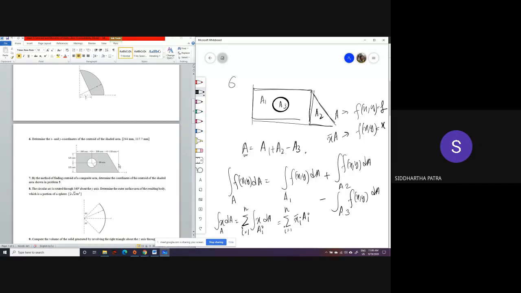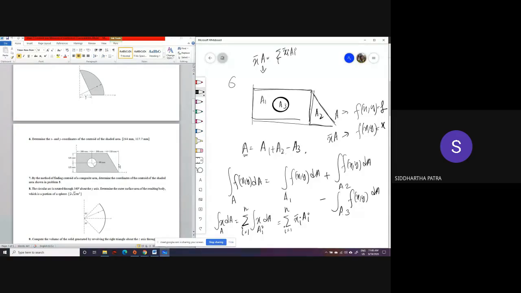We know that the net x bar times A is this integration quantity, which is basically summation over i of x bar i Ai.